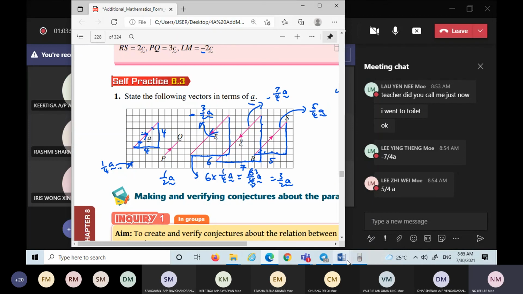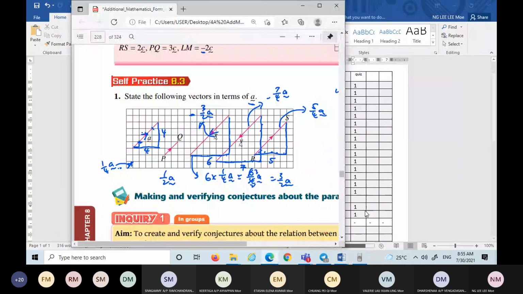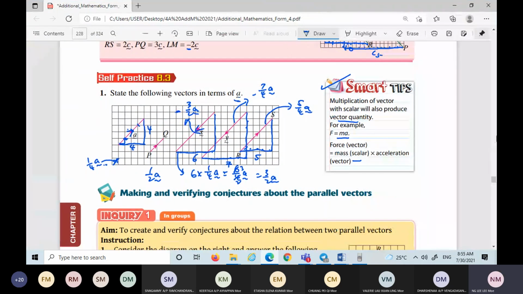Wait, I give the 1 mark first. And how about today's homework? This one no need to do as homework. So today we end here.